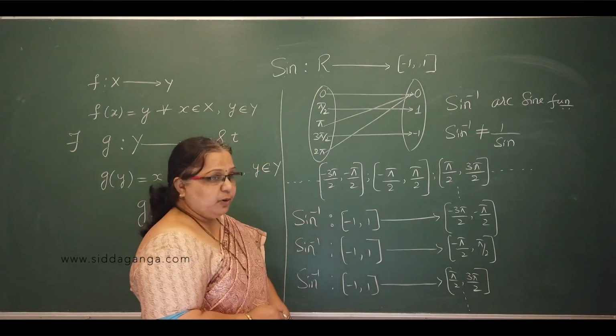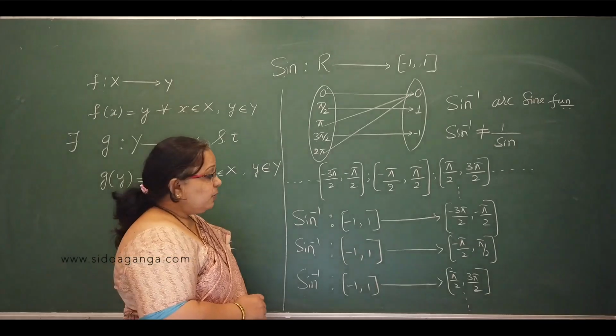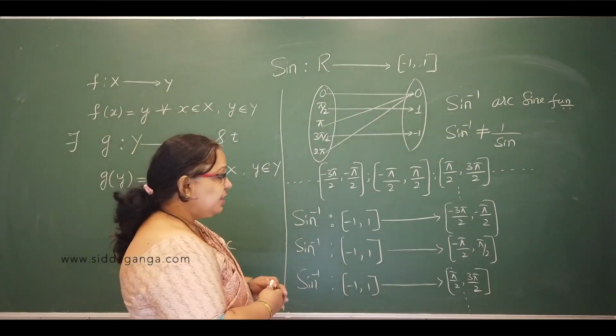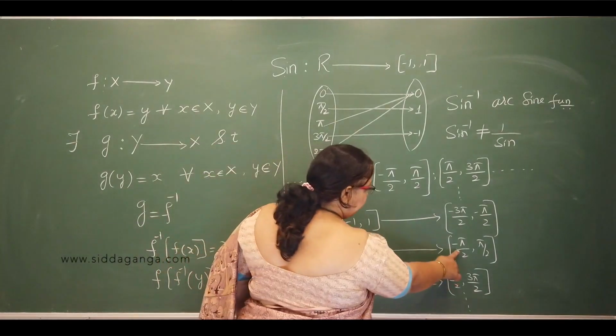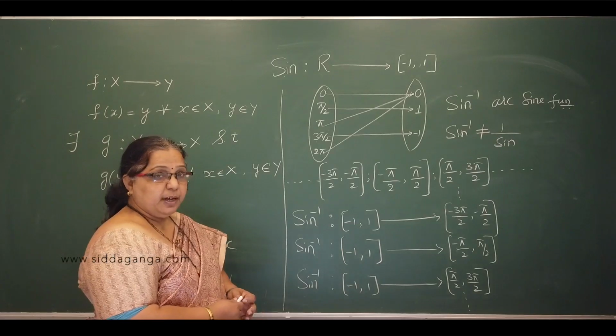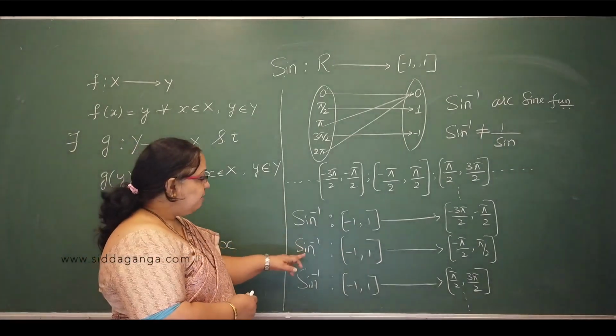In particular, the branch with the range where we consider the closed interval minus pi by 2 comma plus pi by 2, with the domain as the closed interval minus 1 comma plus 1, we call that branch the principal value branch range of the sine inverse function.